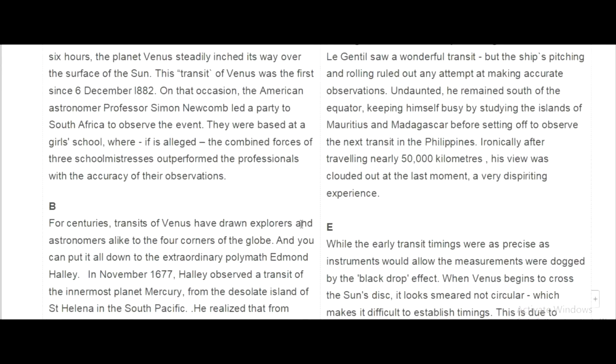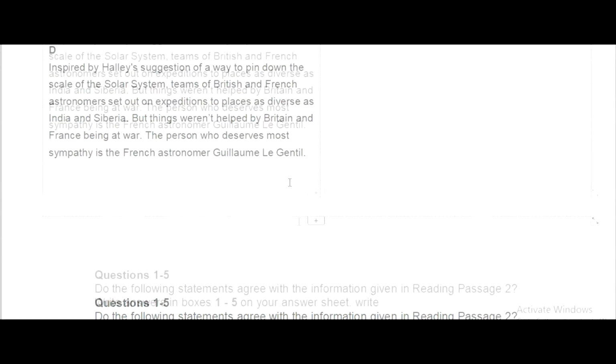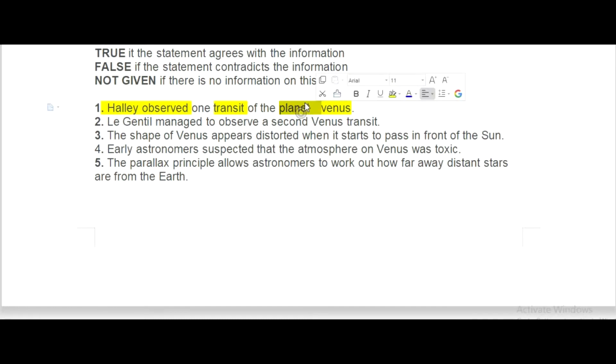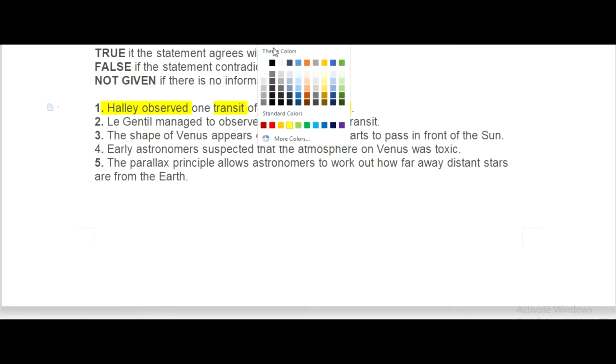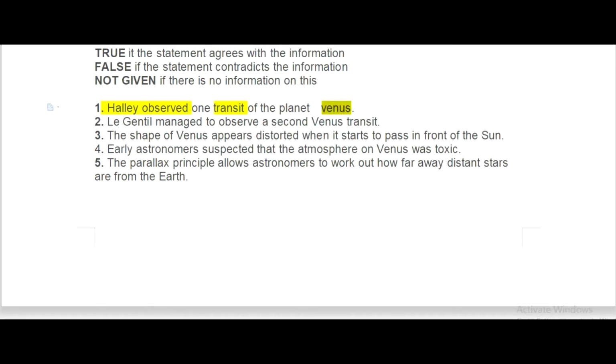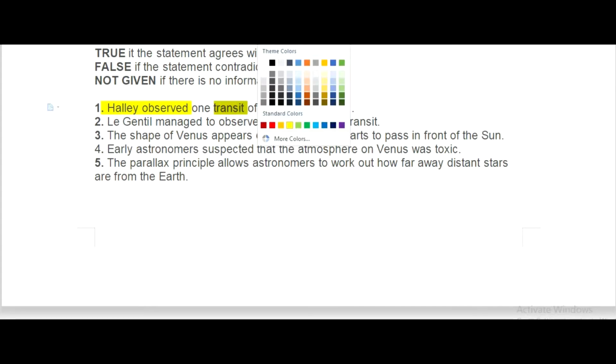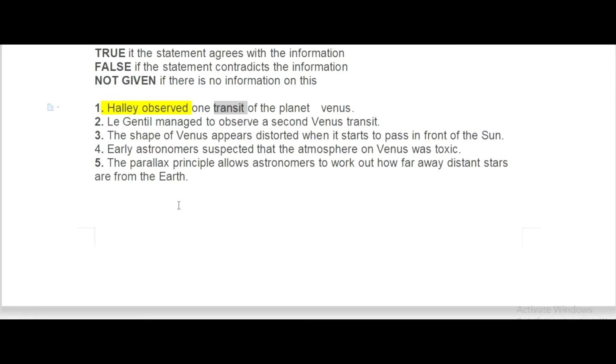So these keywords are not going to help us. That's why I'm going to remove these keywords, because these keywords are repetitive. So this kind of keyword is not going to help us. Now I'm going to focus only on Halley or observed.